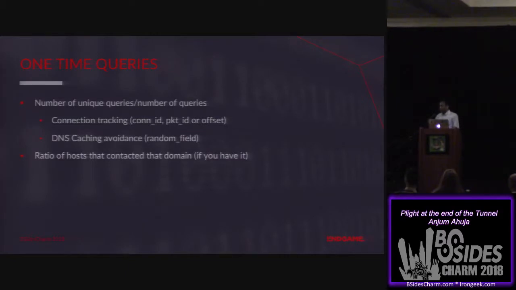Before we talk about one-time queries, let's take a step back and think from the perspective of a DNS tunneling author. DNS is connectionless, it's unreliable, right? So imagine you have two clients behind the same NAT. What you would end up seeing is packets coming from the same IP address from a different port each time. It's impossible to differentiate who sent which traffic.